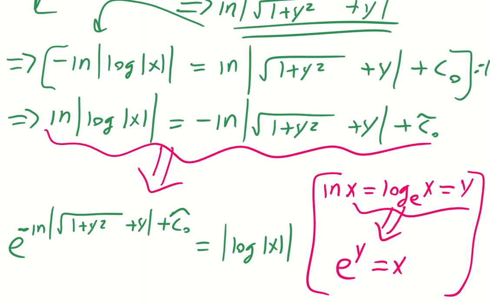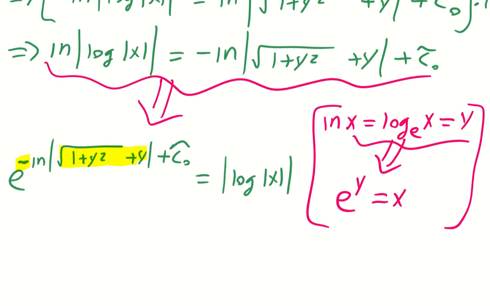Note that if we take this minus sign, we could apply it to this expression in here and put it to the minus 1 power. In other words, we would get e to the natural logarithm of the absolute value of 1 over the square root of 1 plus y squared plus y.